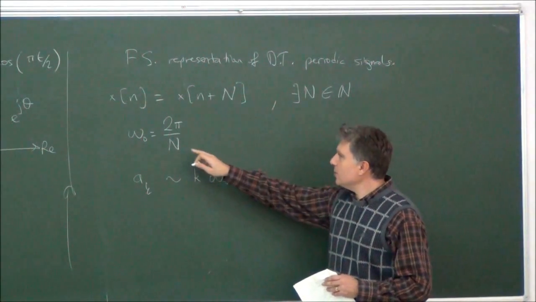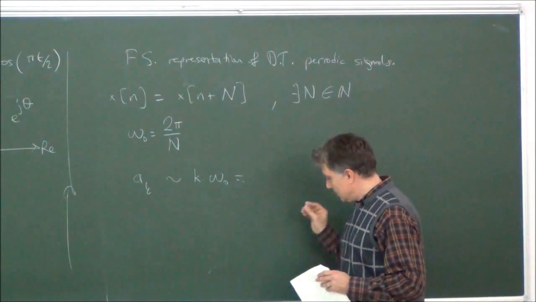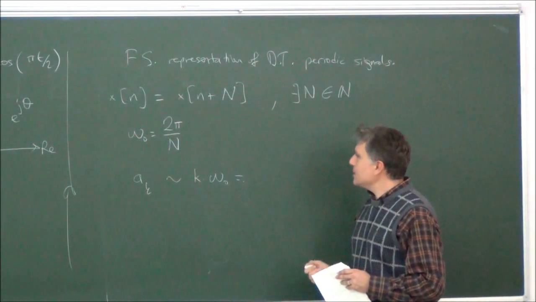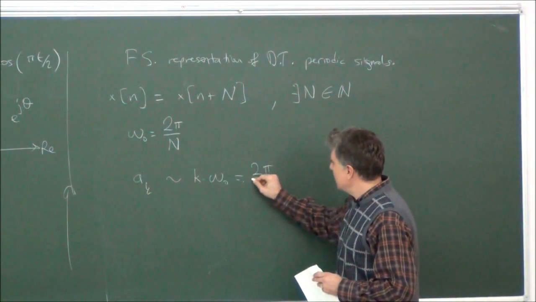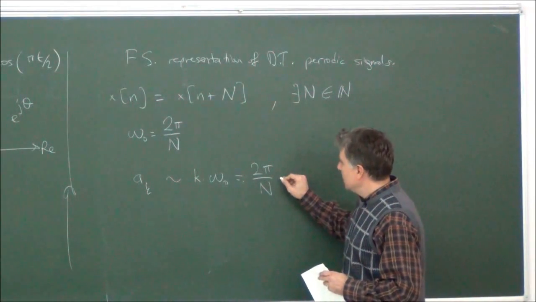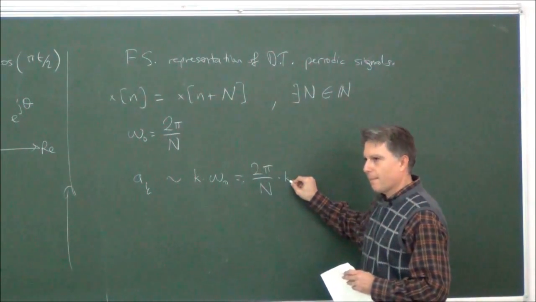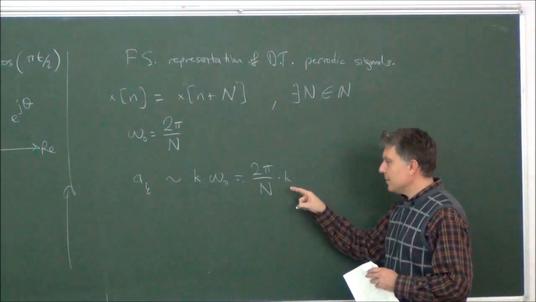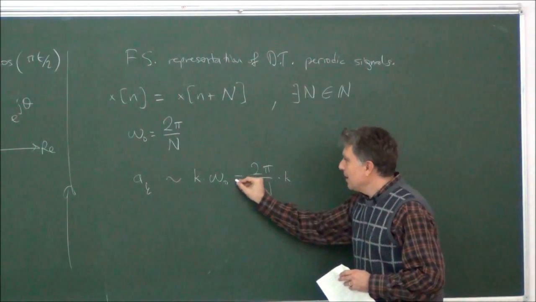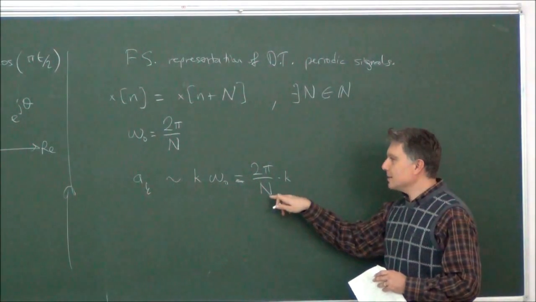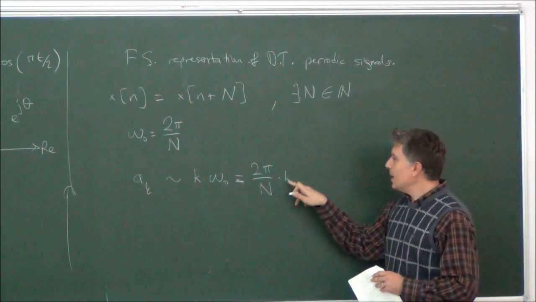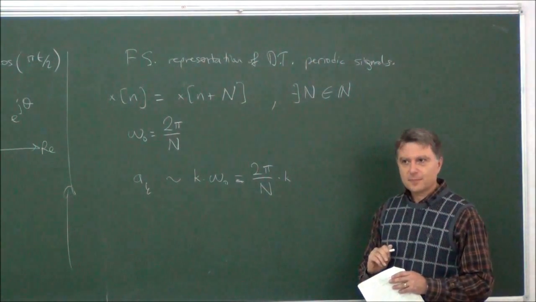And omega 0 is equal to 2 pi over capital N, times k. Now some unexpectedly expected thing is happening here. This capital N is an integer and this k is also an integer.